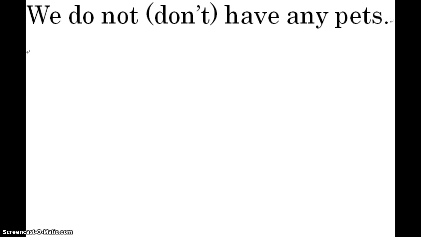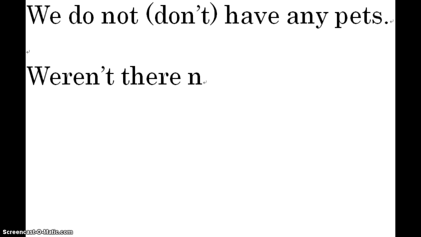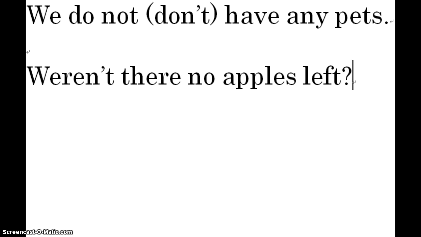And this is also the same for interrogative sentences too. We talked about interrogative sentences last class. So for example, weren't there no apples left? Weren't there no apples left? What do you think about this sentence? Does it look correct to you?